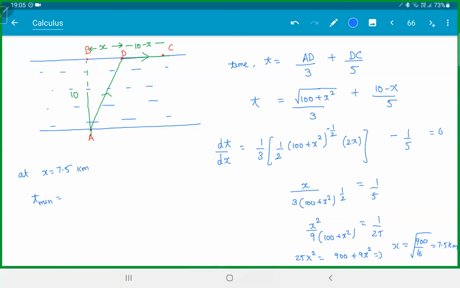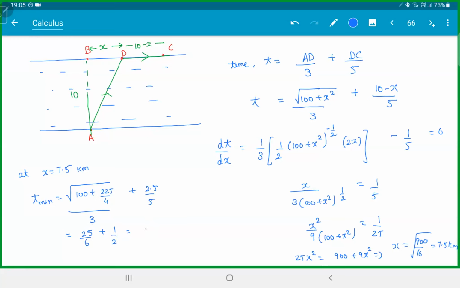So put x equal to 7.5 in this equation here. So that will be root over 100 plus 15 by 2 whole square, that is 225 by 4, by 3, plus 2.5 by 5. That will be 625 by 4, root of it is 25 by 2, so 25 by 6, plus 2.5 by 5, that is half.